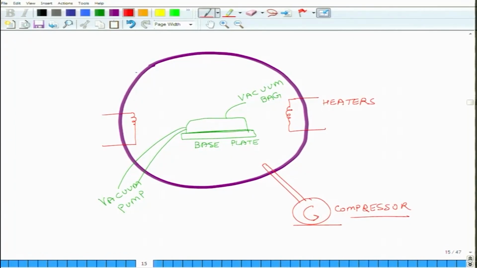You also have a vacuum bag which is connected to a vacuum pump. Inside this vacuum bag we have the entire layup of the product. So, this entire vacuum bag with the base plate is sitting in the autoclave, heat is coming from the heaters, pressure is coming because of compressors.